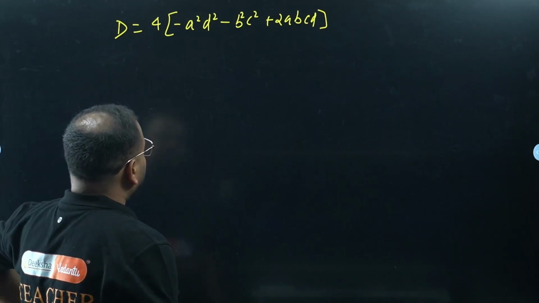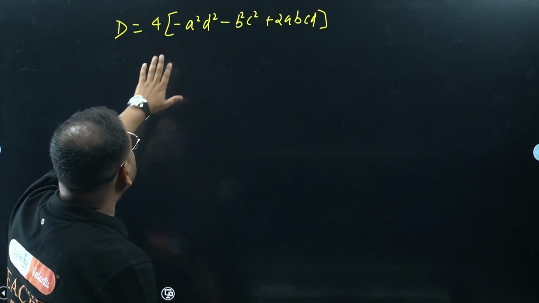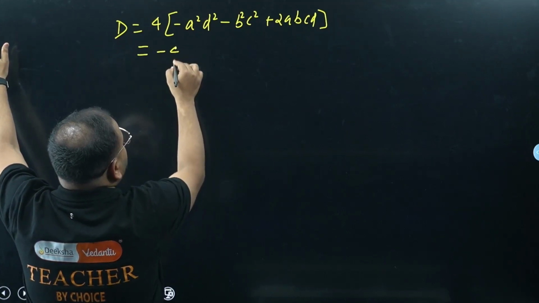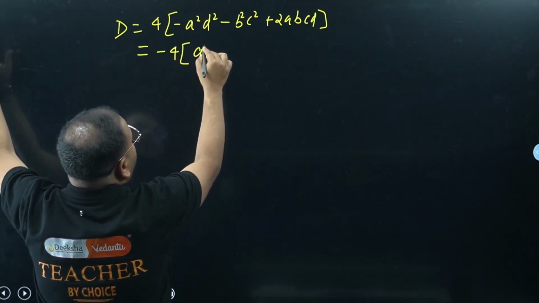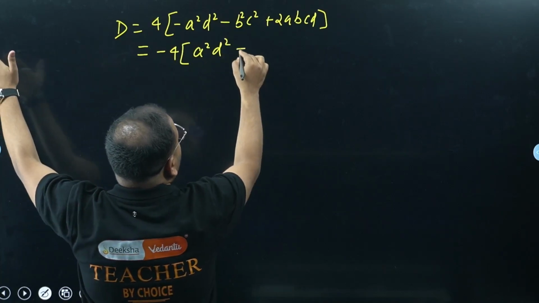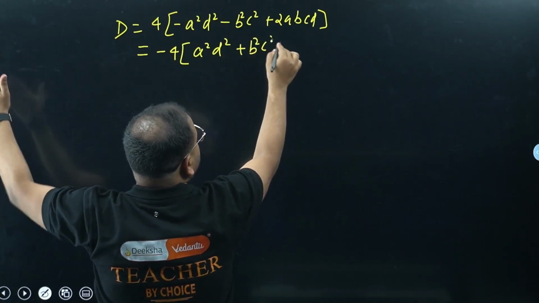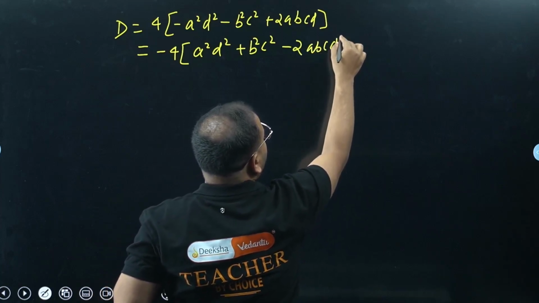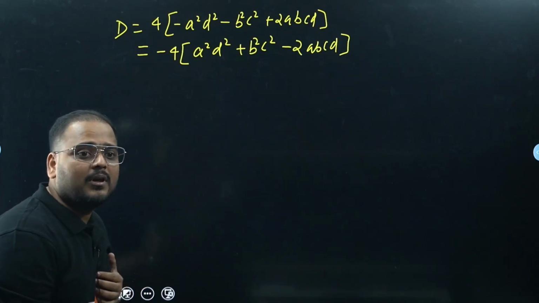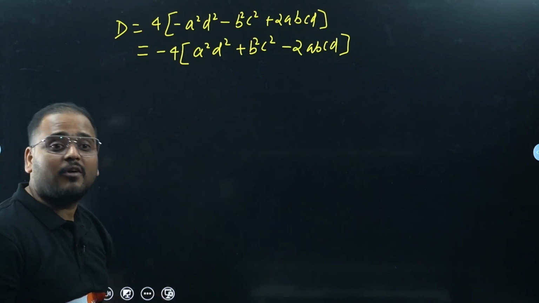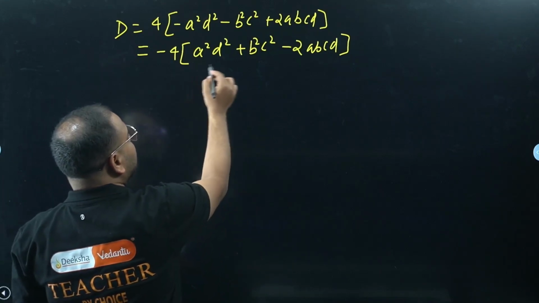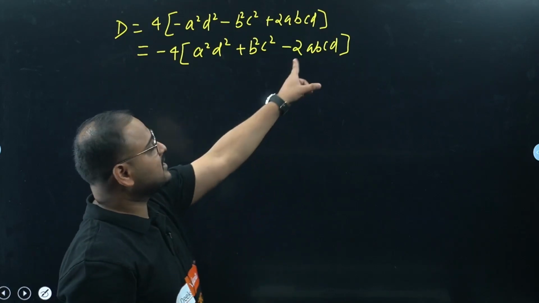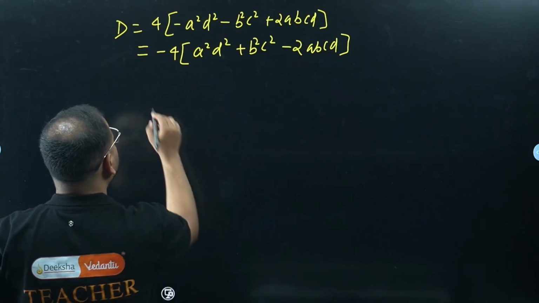Okay. Now, can we do something about it? Let's take the minus sign common from here. If I do that, it will become minus 4 and this will be a square d square plus b square c square minus 2abcd. Sir, why did you take the minus sign common? Because I can see a formula being formed here. This thing can be taken as x. So x square, this is y square and this is 2xy. Check, check, check.